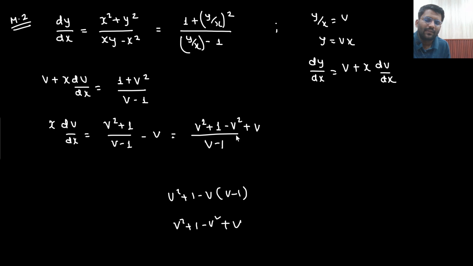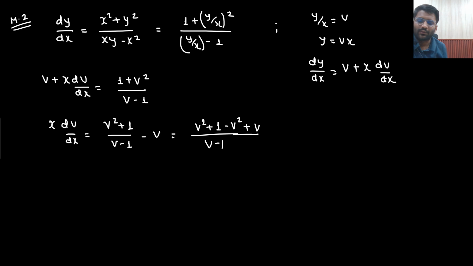V square gets cancelled out. Solving it, what you are getting is (v plus 1) upon (v minus 1). So x dv by dx equals (v plus 1) upon (v minus 1).